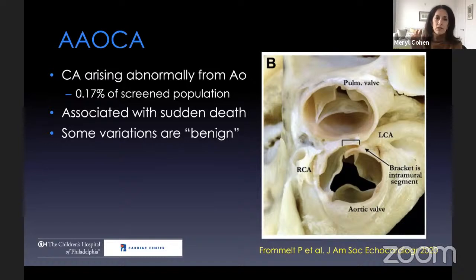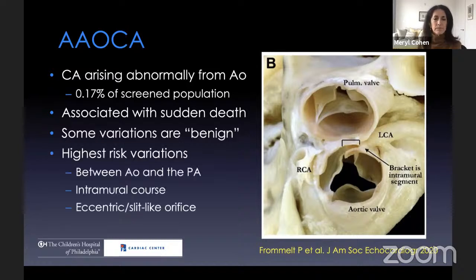Now, some variations are what we consider, and I put in quotations, benign. We actually don't know that they're benign. We just haven't seen cases of sudden death associated with these particular variants. And then there are clearly known high-risk variations. The coronary artery crosses between the aorta and the pulmonary artery, or takes an intramural course. Intramural means that it is coursing within the wall of the aorta.